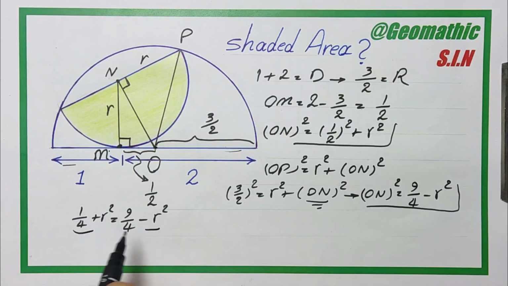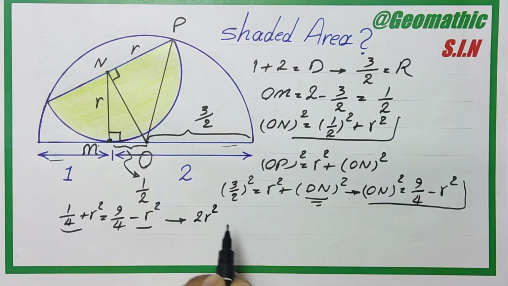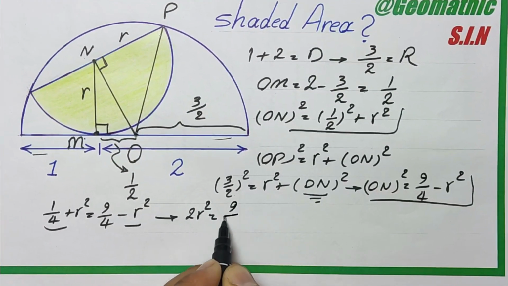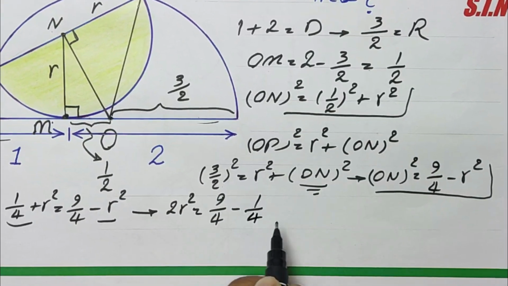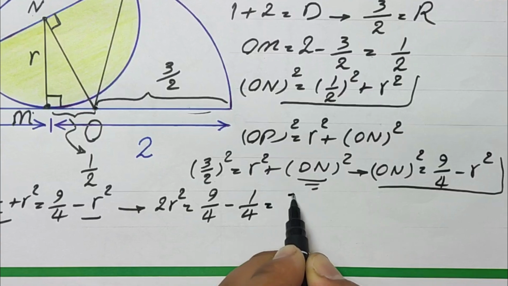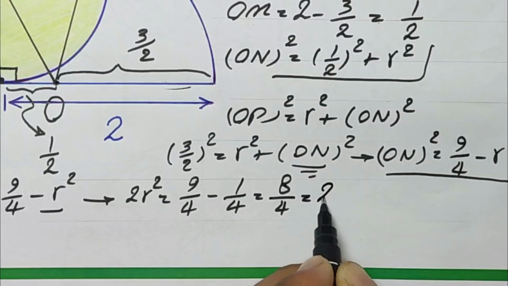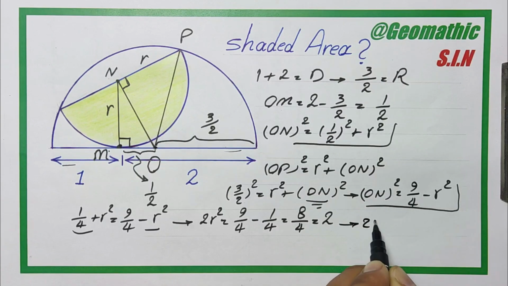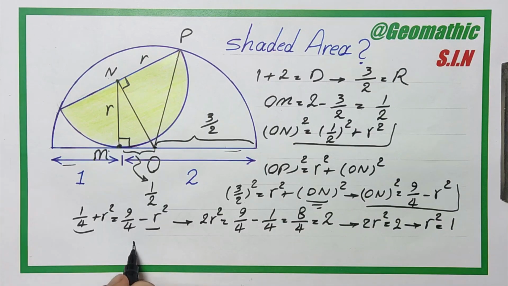Move these terms to the other side, then we have 2r squared equals 9 over 4 minus 1 over 4, which is equal to 8 over 4 or 2. So 2r squared equals 2, then r squared equals 1, which means r equals 1.